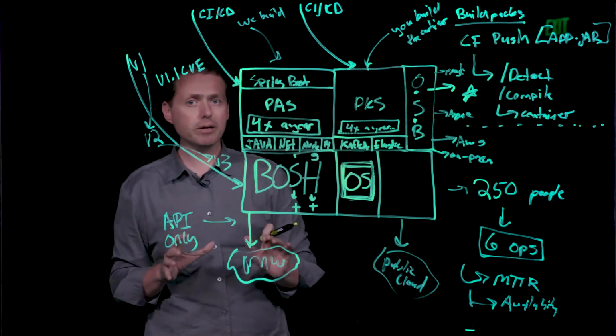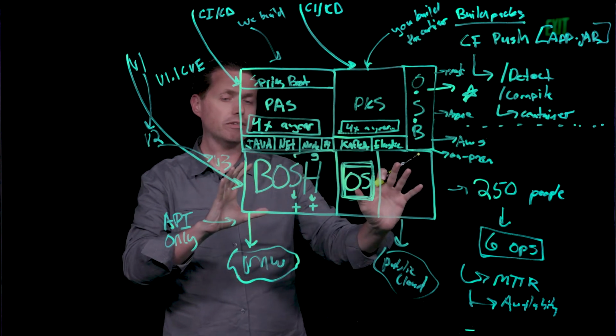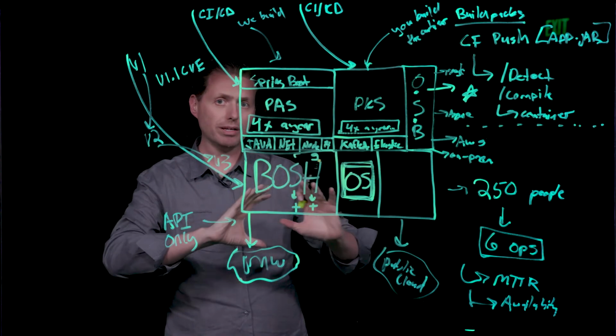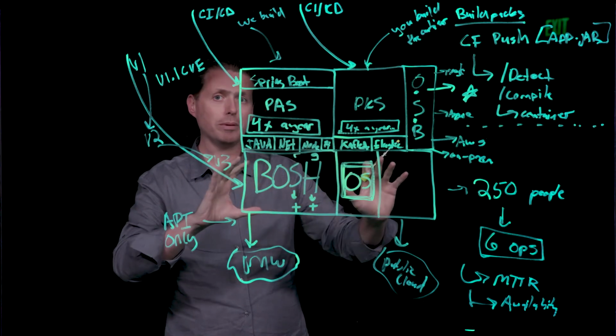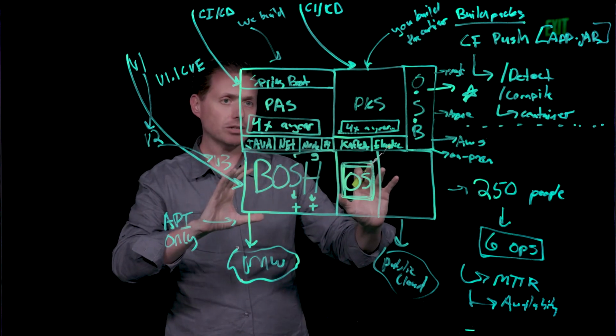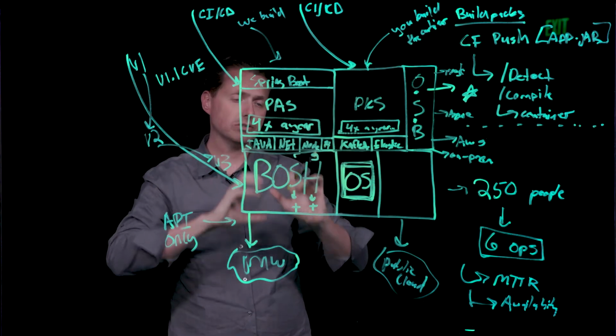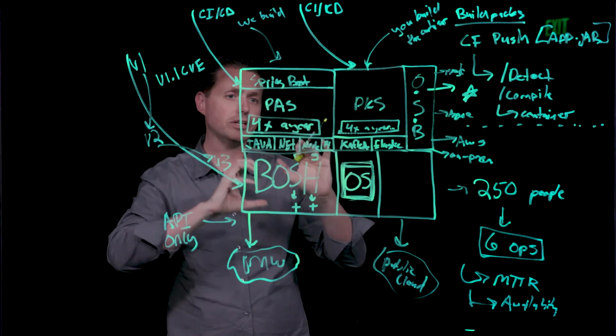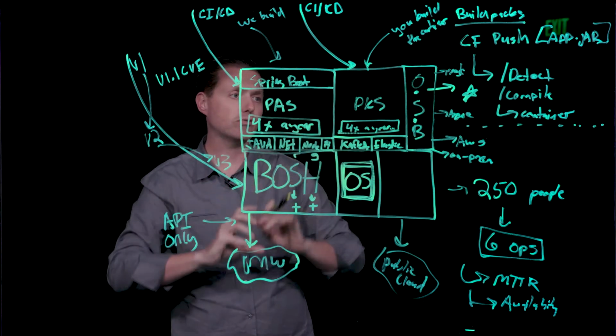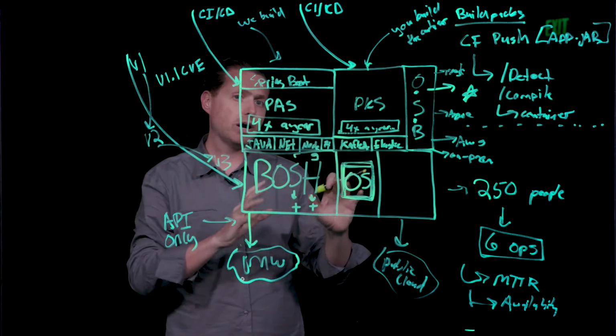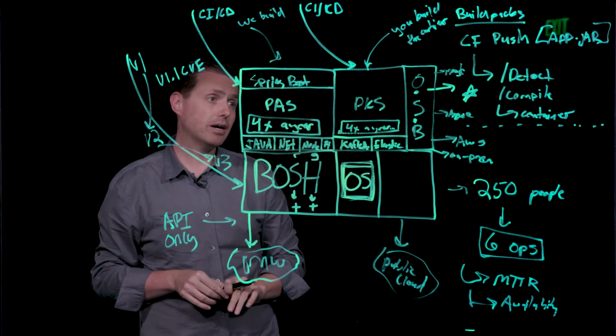If you think about it, Bosh is the declarative engine, knows exactly everything that it wants to run, will restart it for you on demand constantly. And all of the CI/CD pipelines that are enabled by PAS and PKS are, again, declarative, and they know exactly what they need to be running. They're constantly going to keep trying to heal that for you. They know how to update their operating systems, and they're API only.